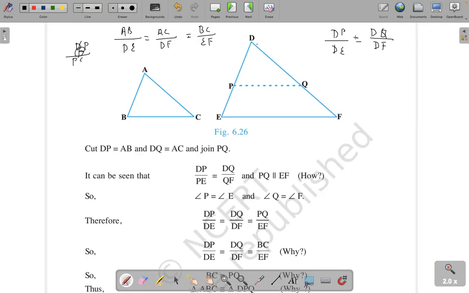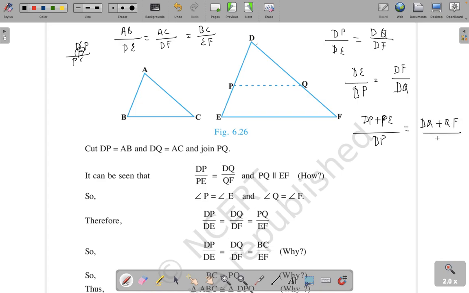If you flip this, you'll get DE upon DP is equal to DF upon DQ. You have to undo this, so you can write DE as DP plus PE upon DP, and DF you can write as DQ plus QF.